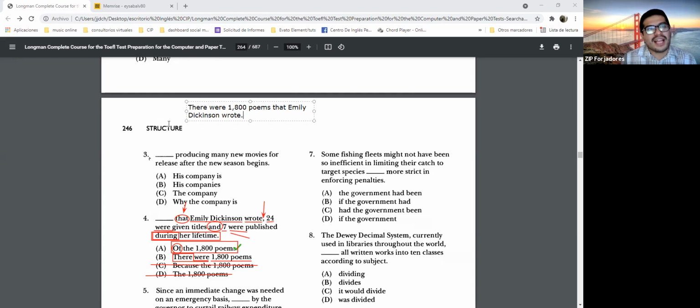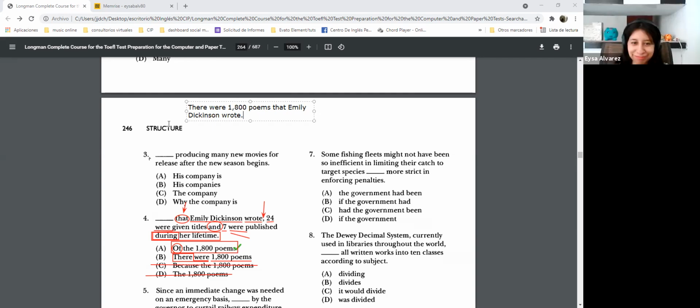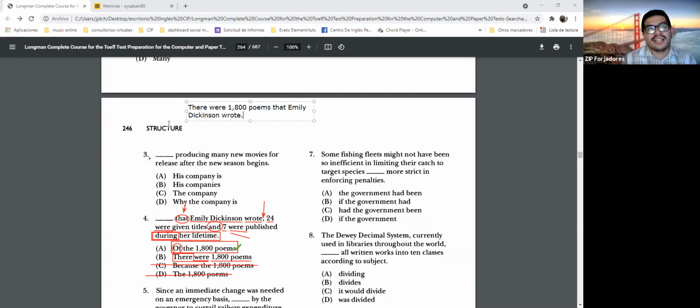Letter C has a connector, but it doesn't have the action. That's right. Exactly. So that's why it couldn't be. And letter D doesn't have the connector or anything, right?